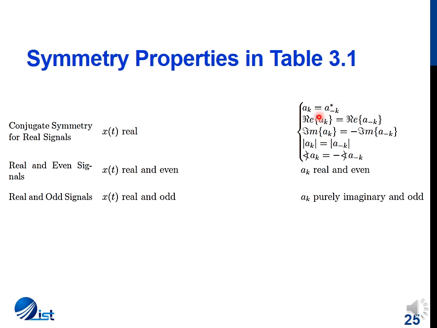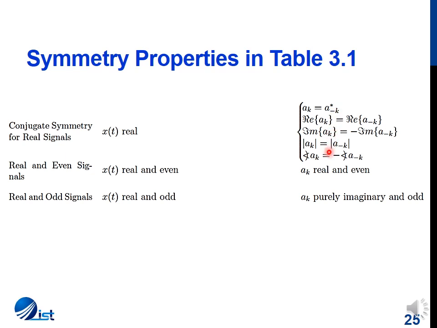But this is a fancy way to write these expressions. If a of k is equal to a conjugate of minus k, this also implies that real a of k is equal to real a of minus k, or imaginary of a k is equal to minus imaginary a of minus k, which means magnitude is even symmetric and phase is odd symmetric.